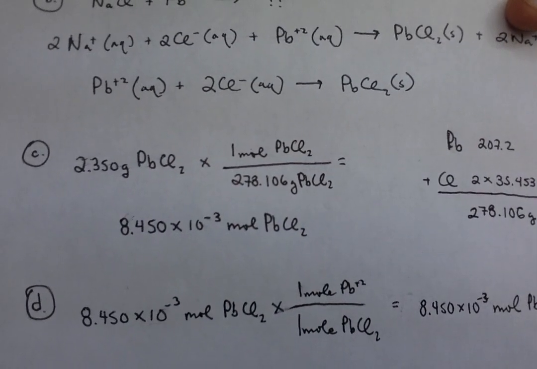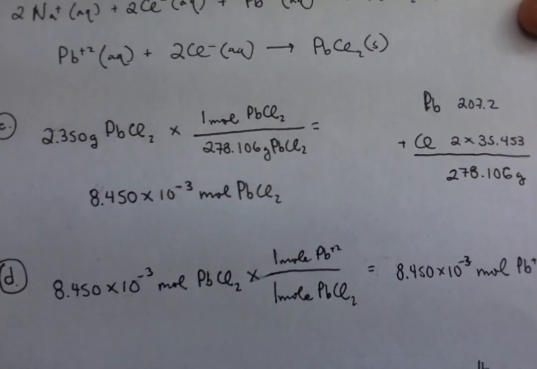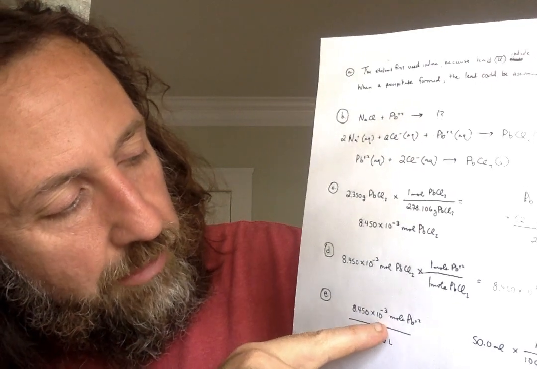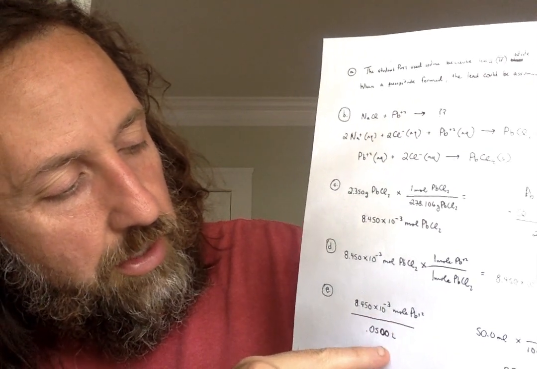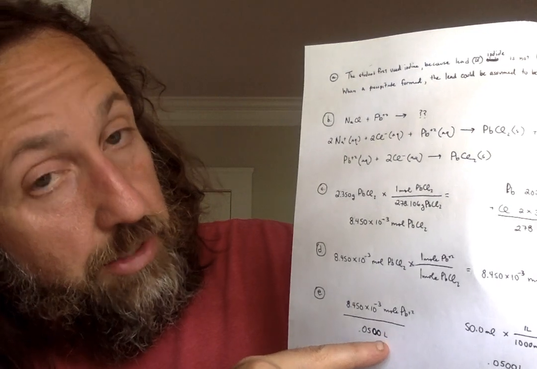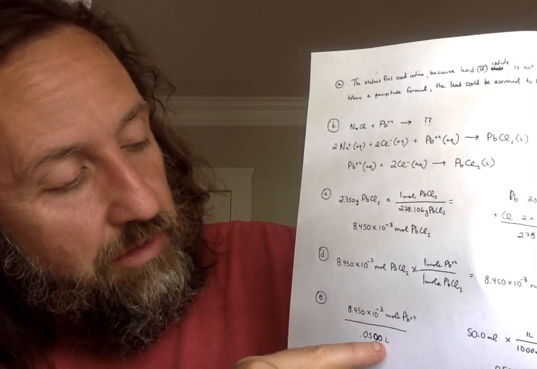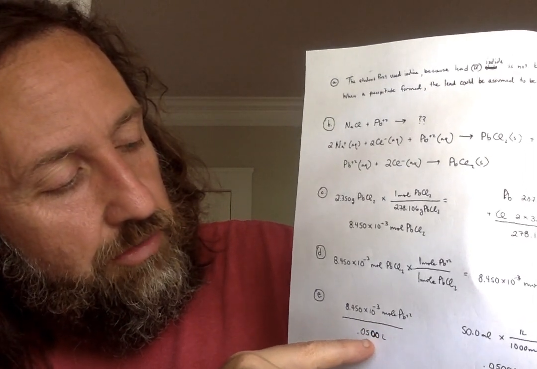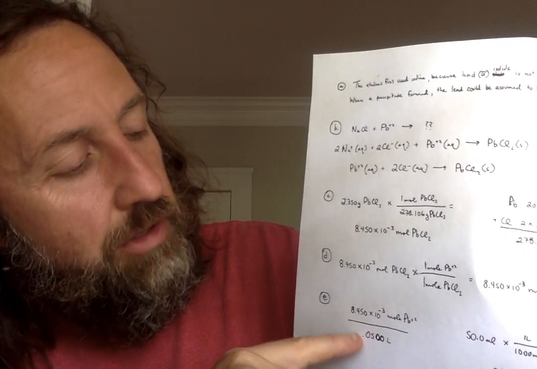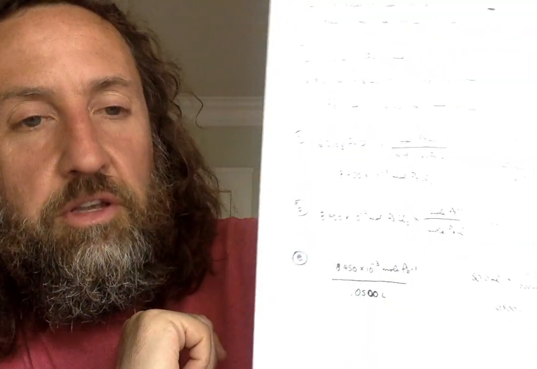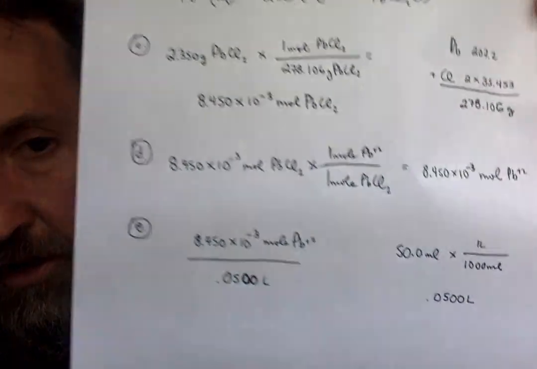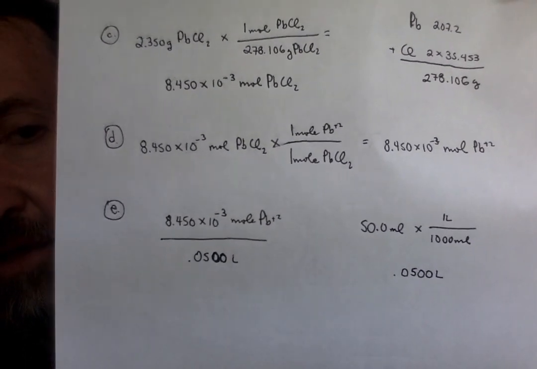And all you need to do is take your 8.450 times 10 to the negative 3, and then I take this, it's got 3 sig figs, which I just divide by 1,000, and so 50 milliliters is 0.05 liters. For some reason I did not solve that till right now, so I'm just going to plug that in.